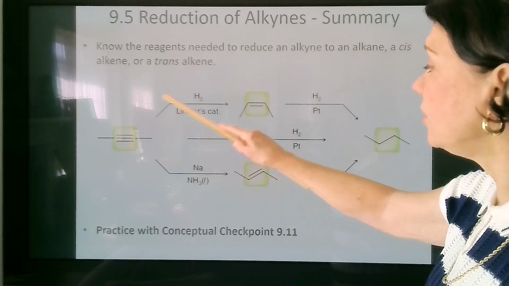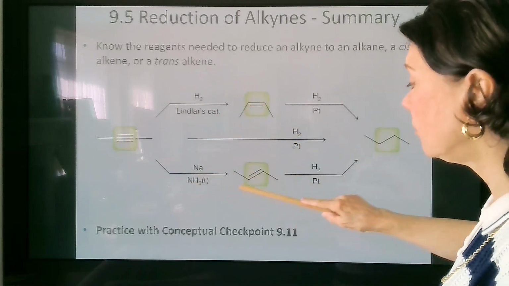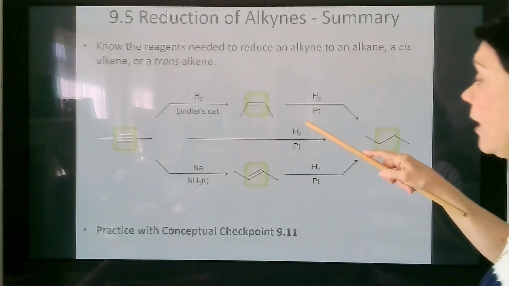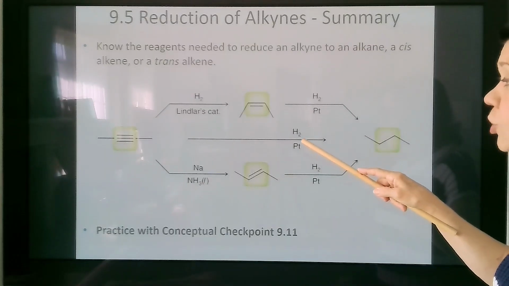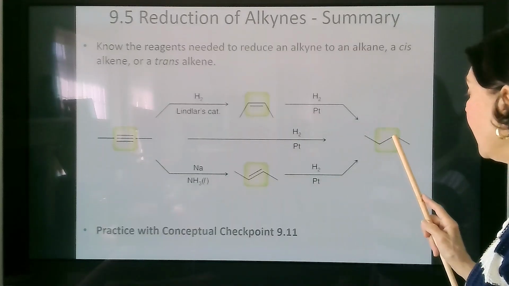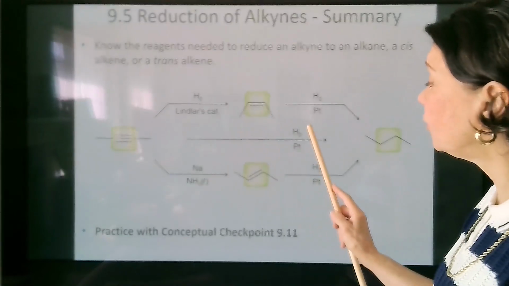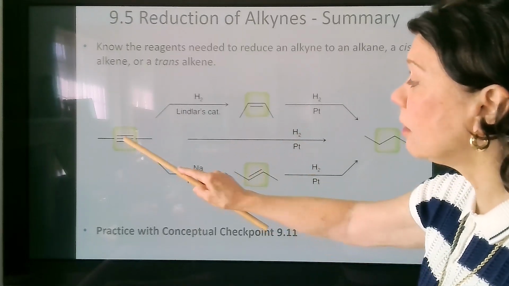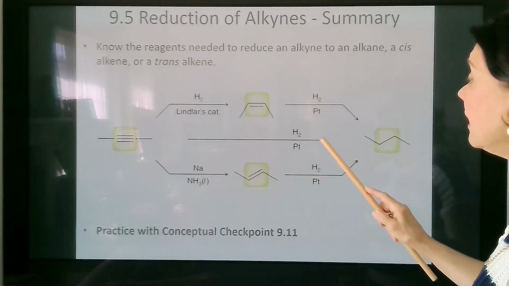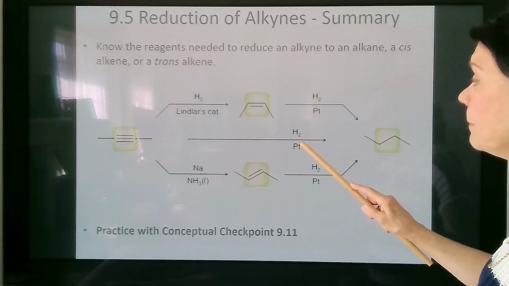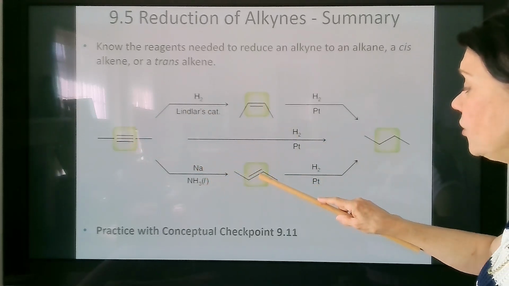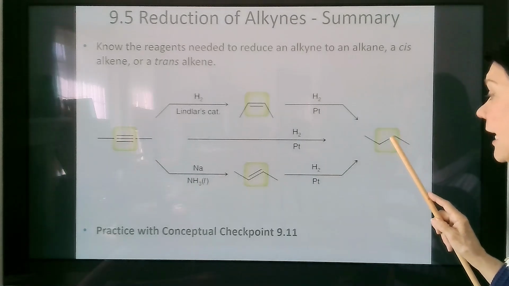So you have a way to get the cis alkene, a way to get the trans alkene, or you can just use the same catalytic hydrogenation that we saw that works for alkenes to give you the alkane product. These same reaction conditions also work with alkynes to give you the alkane. So this catalytic hydrogenation works with alkynes or cis alkenes or trans alkenes to give you the alkane.